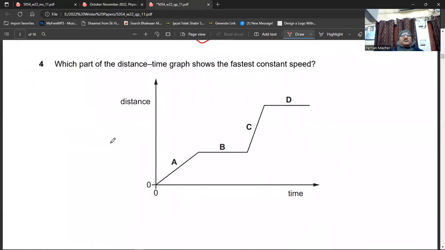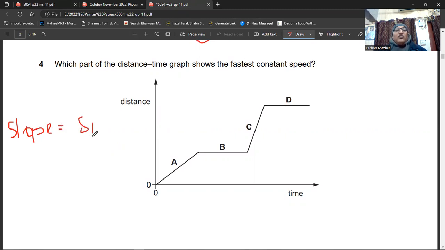Which part of the distance time graph shows the fastest constant speed? You see the distance time graph here, the slope of this distance time graph, or any distance time graph, is equal to the speed.